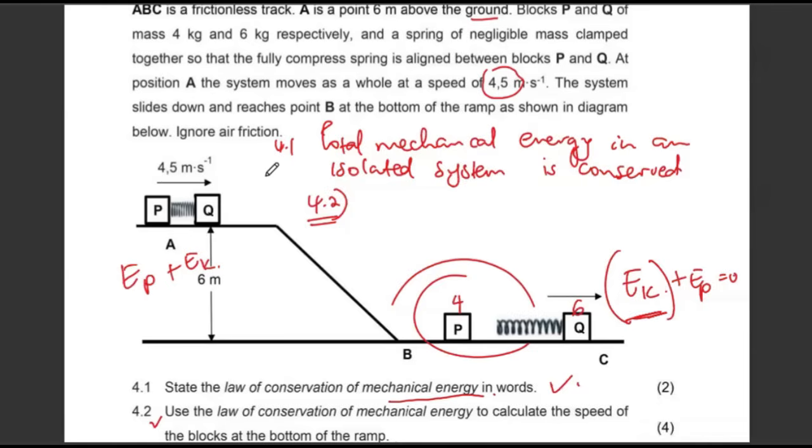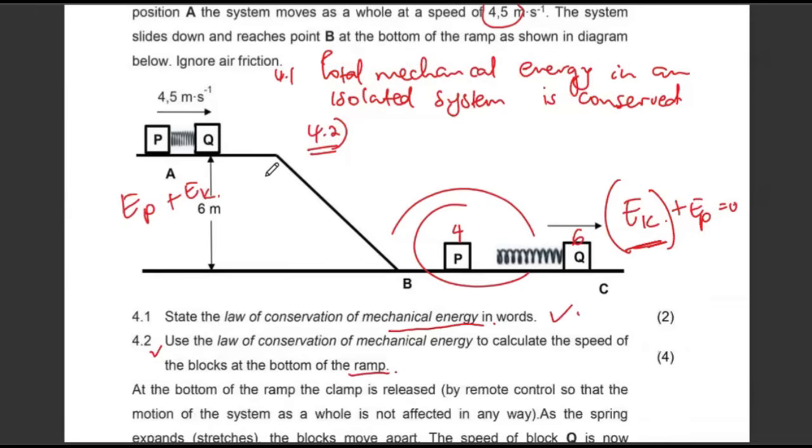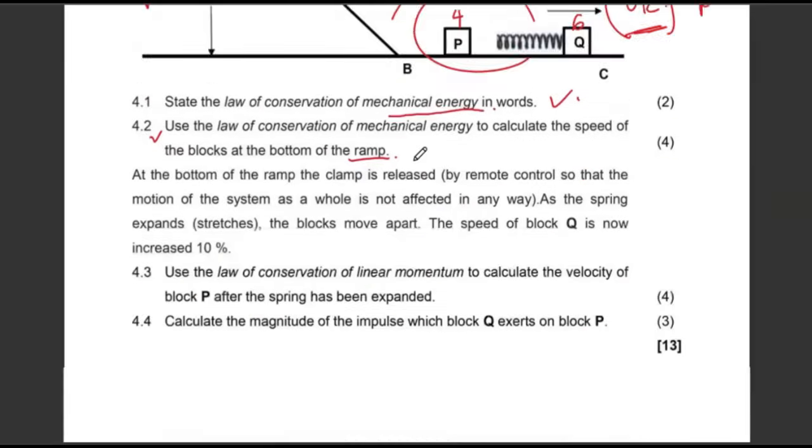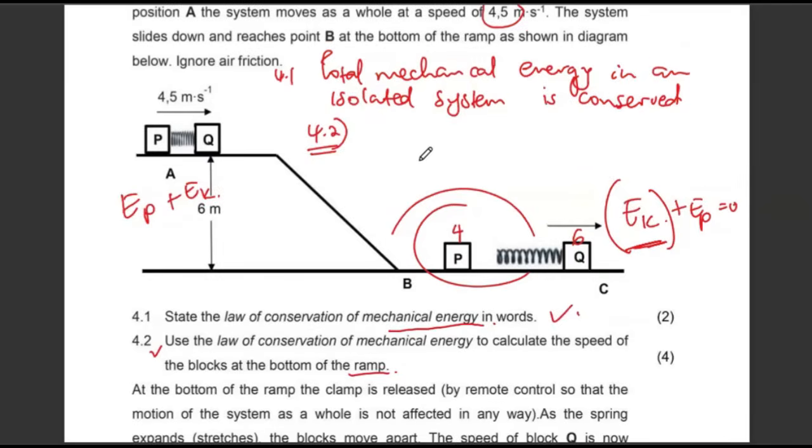So what are we going to do? I believe we just need to look for the mechanical energy and work that out. Let me start by finding the EP at A. That's going to be mgh.